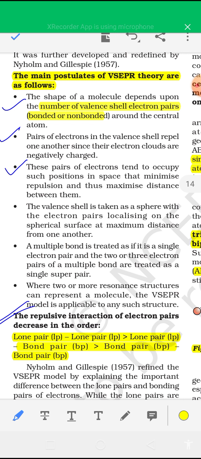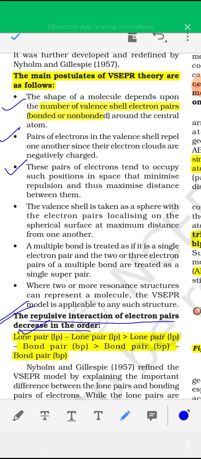Here I have told that valence shell electron pairs repel each other. Each electron pair is repelled by the other electron pairs, or by lone pair electrons. Now see the repulsive interaction of electron pairs, lone pair and bond pair. You have to remember this order. Always, lone pair-lone pair repulsion is much more than lone pair-bond pair repulsion, which is more than bond pair-bond pair repulsion.